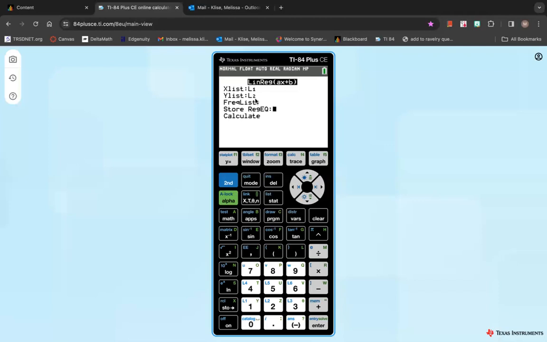I can also store the equation in my calculator, but we're not doing that. I just wanted to let you know what they were. I'll go down to calculate and hit enter.